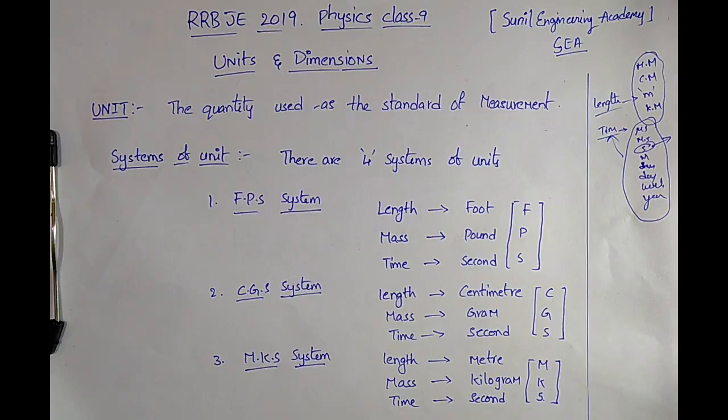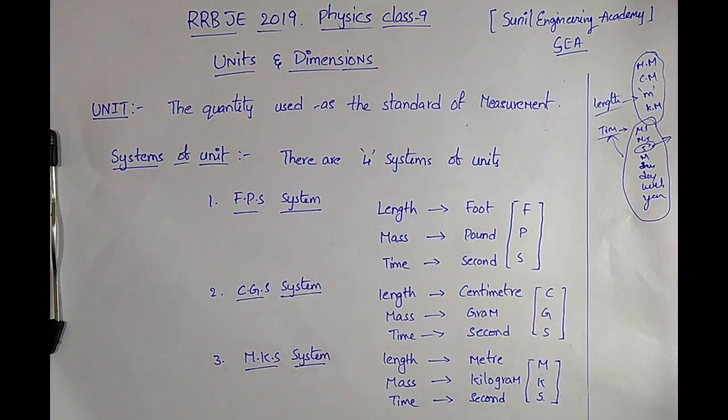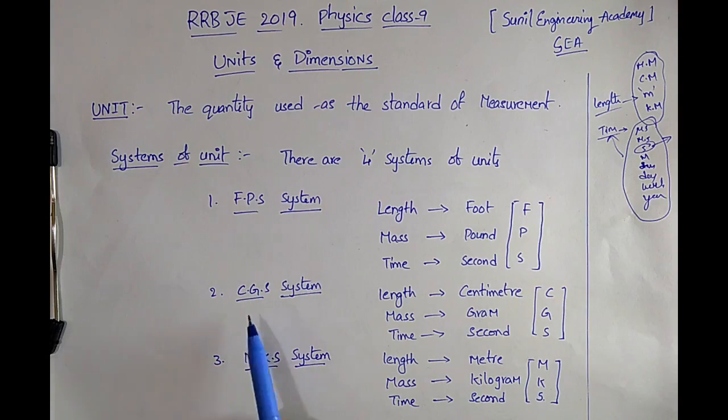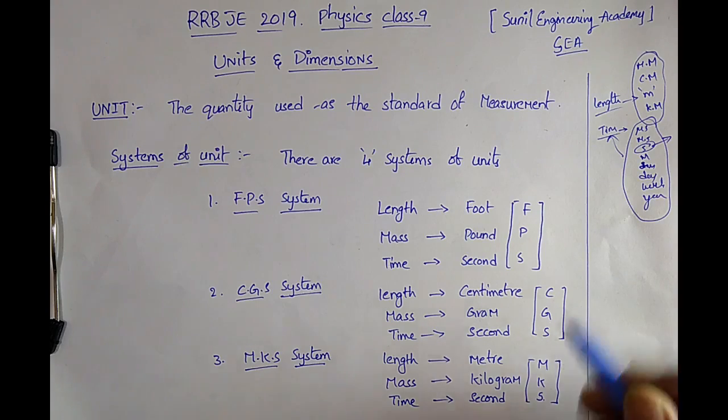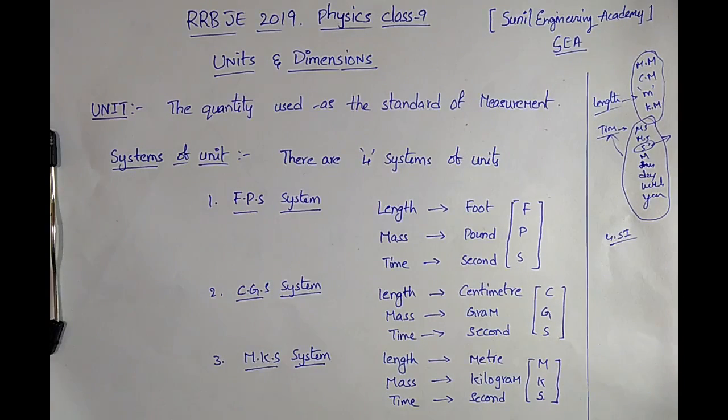Here in these units there are mainly four systems of units. First one, FPS system, CGS system, MKS system, and the fourth one is the SI system, the system of international units.